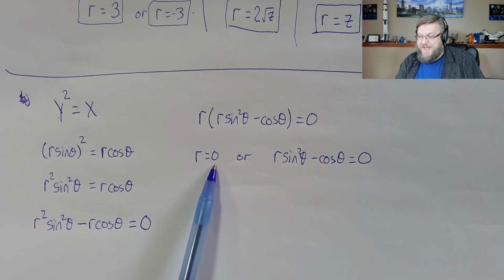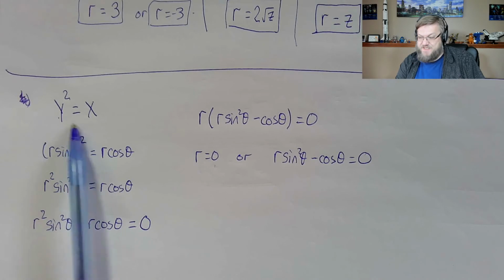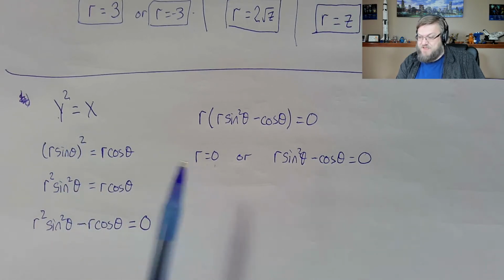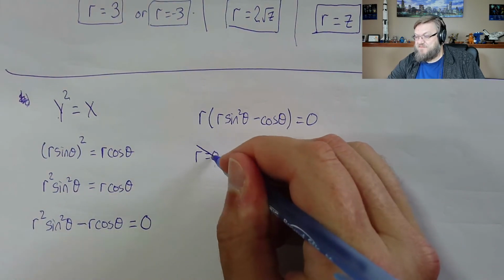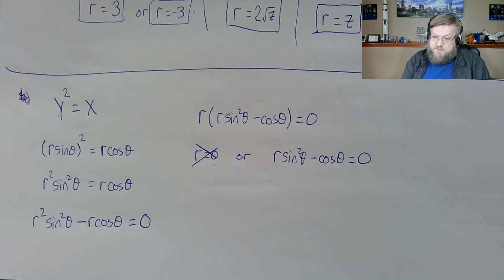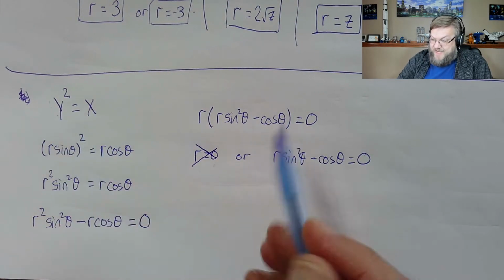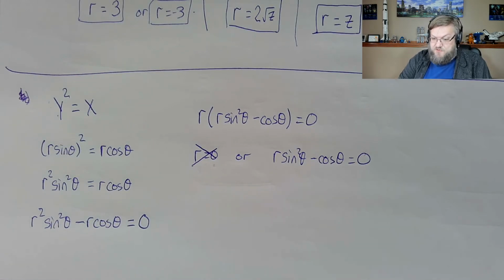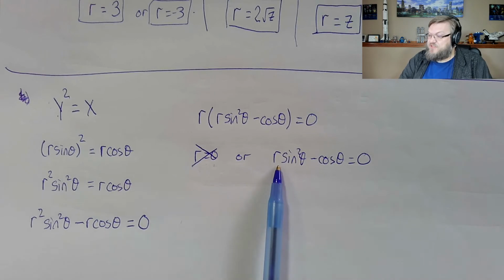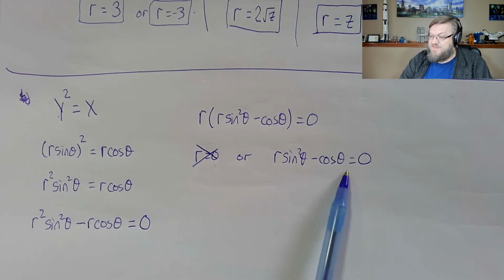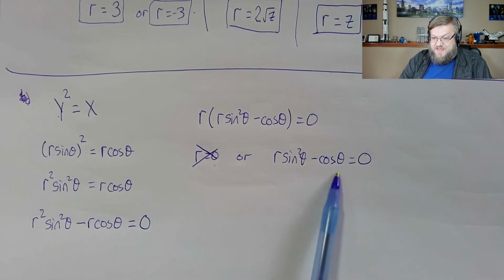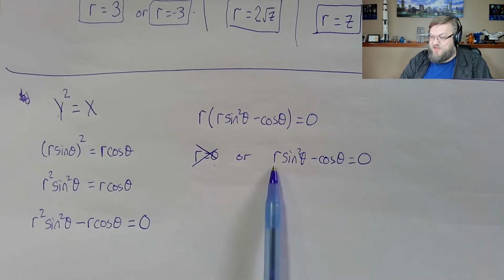This is sort of a collapsed version of this. This is not telling you the whole story, so I am going to ignore it. That is not what my shape looks like. It's true, if this equals this, then r can equal 0, but it's not the full story. The full story is here. This is the relationship that we're looking for.